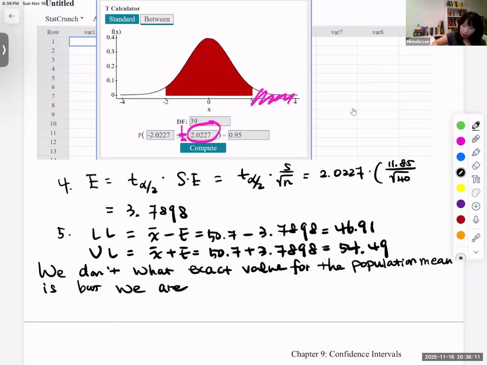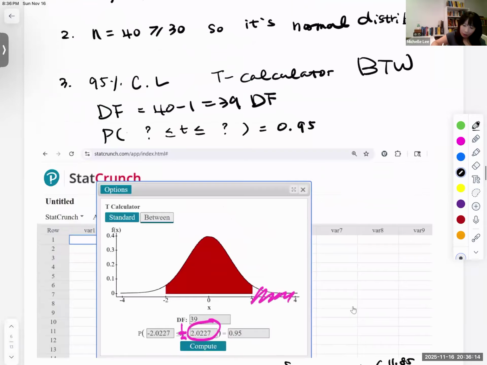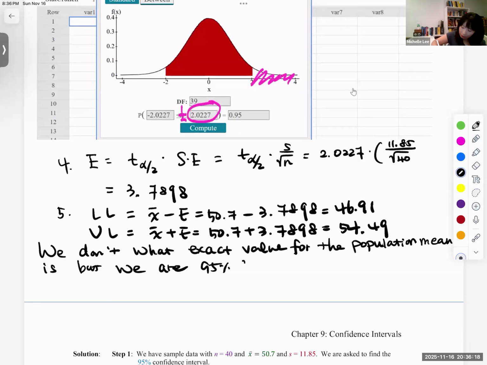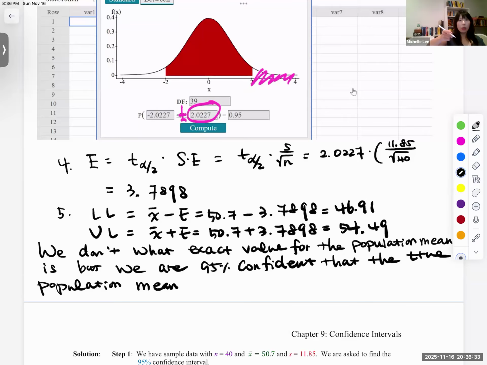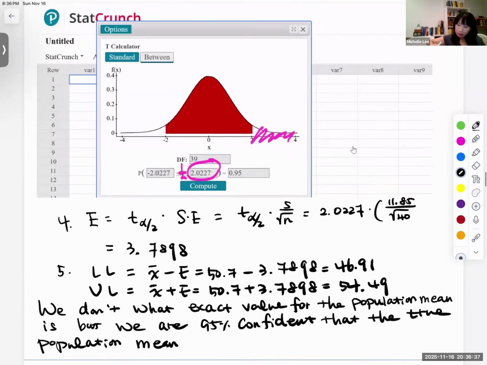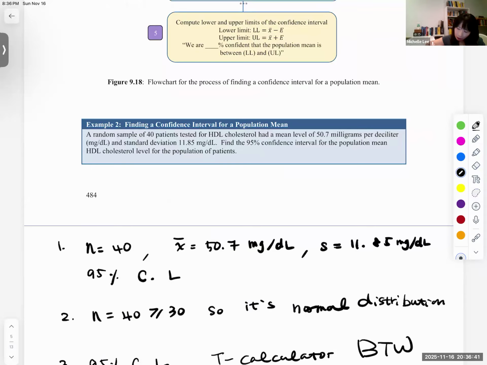We are 95% confident that the true population mean HDL cholesterol level for the population of patients is between the lower limit and upper limit.